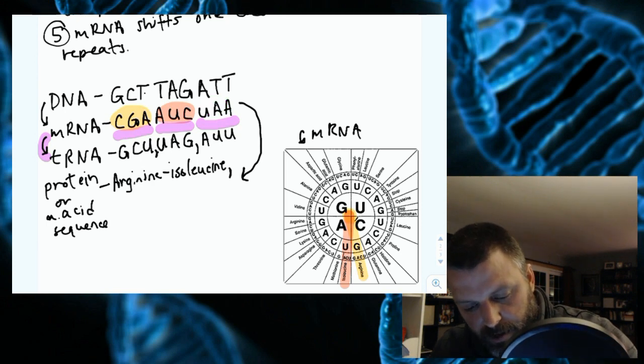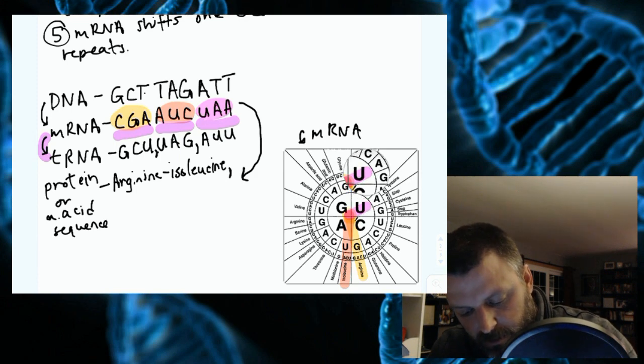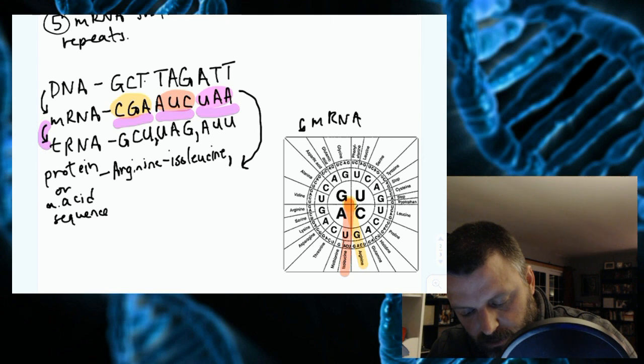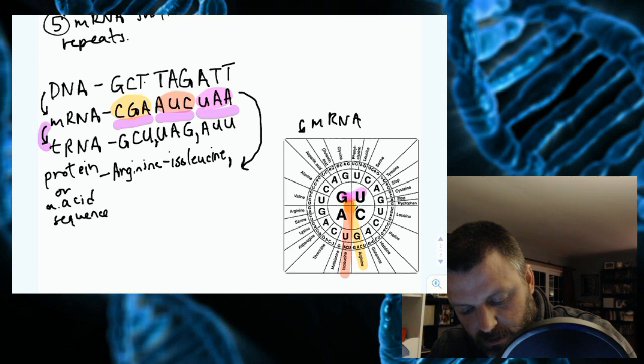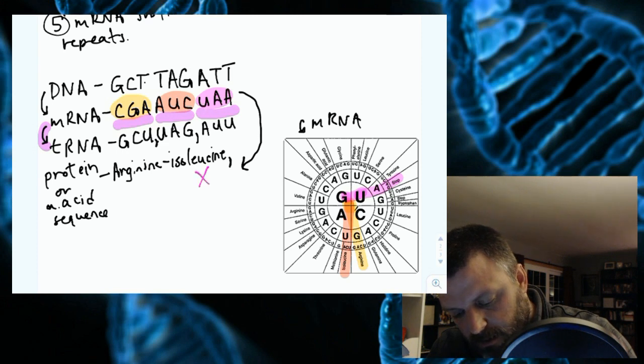My third one then, I'll switch to pink highlighter, UAA. I put my finger in the middle of the chart, and then I drag my finger to the first base, then my second base, and then my third base.